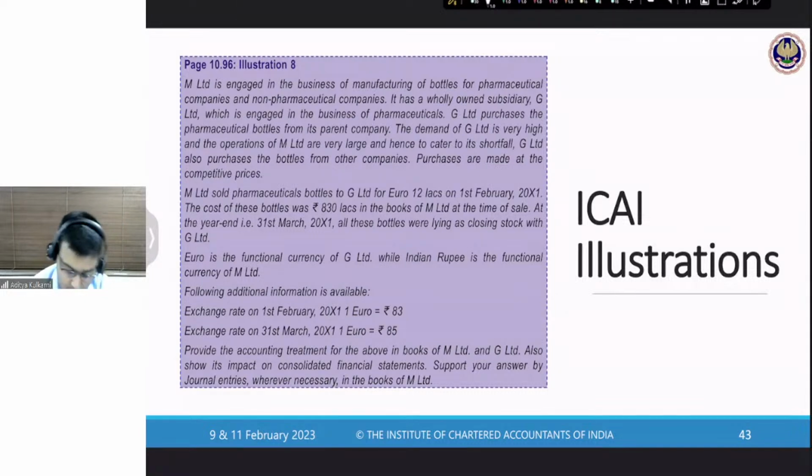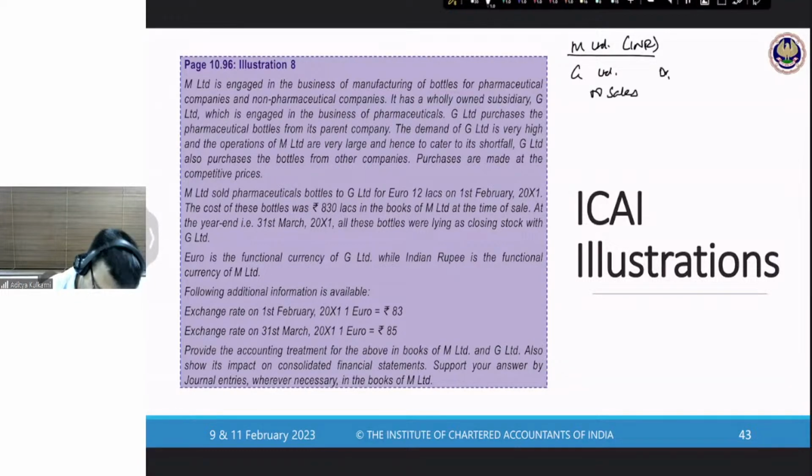Okay, fine. So M Limited's currency is INR. So we will record this transaction first. I am selling it to G Limited. So G Limited debit to sales. How many euros did I make the sale in?